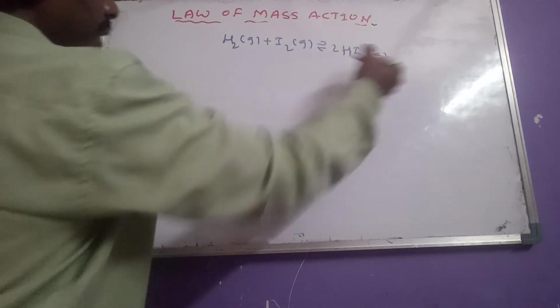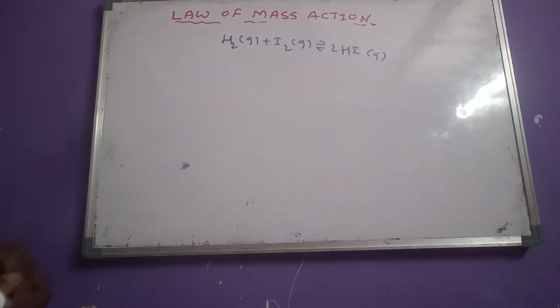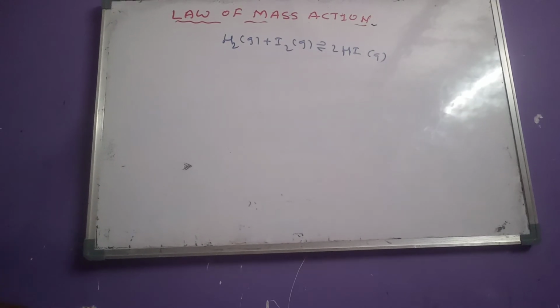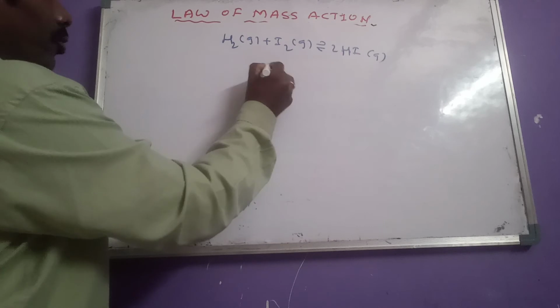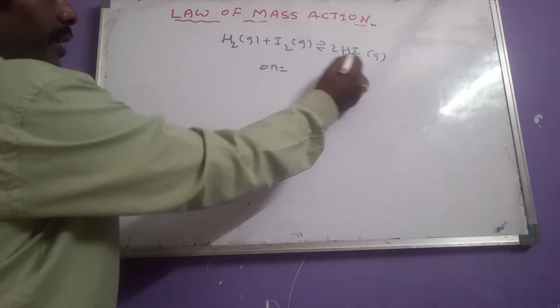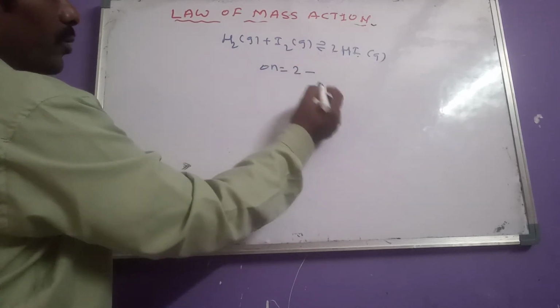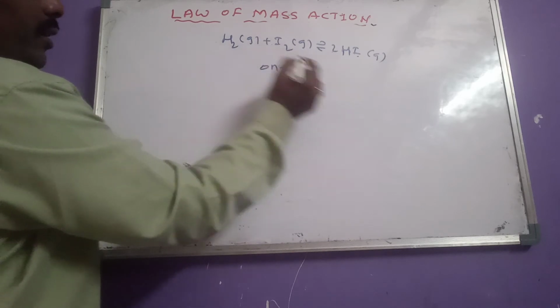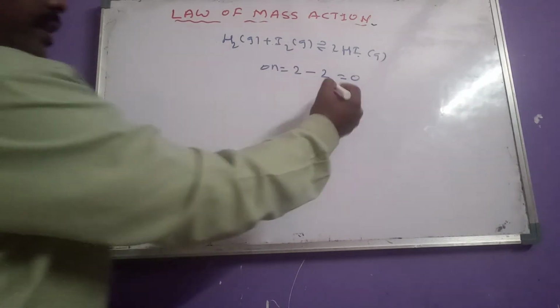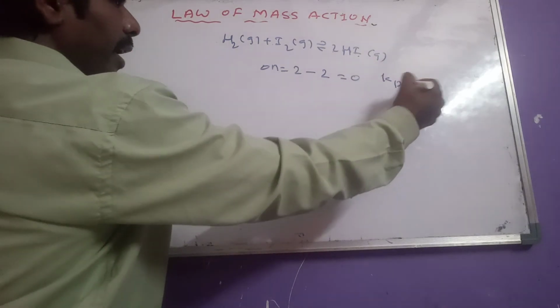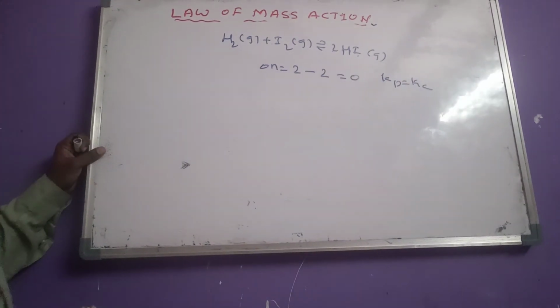What is the Kp Kc relation for this equation? First let us calculate the delta N value. Number of gaseous products is 2, and 1 plus 1, 2 gaseous reactants. So delta N is 0. That indicates Kp equals Kc.